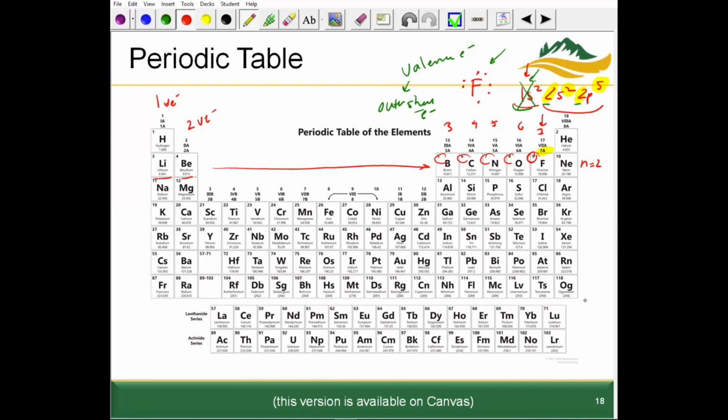Then our noble gases technically have 8 valence electrons, or for helium, just 2 valence electrons. So 7 valence electrons is really close to having an octet. So if it shares that 1 electron with another fluorine atom, they'll both have a happy octet.